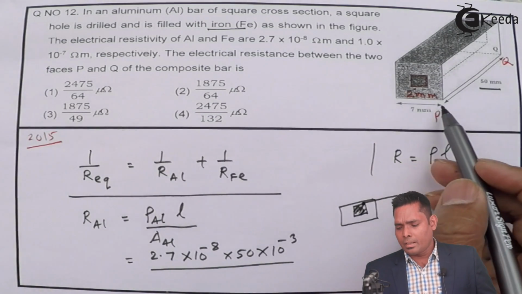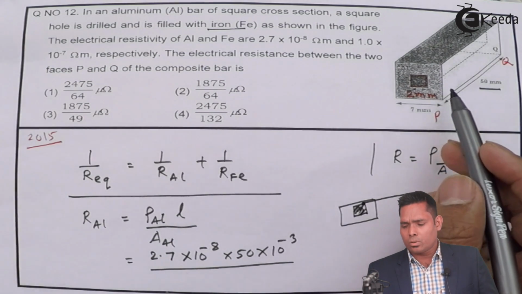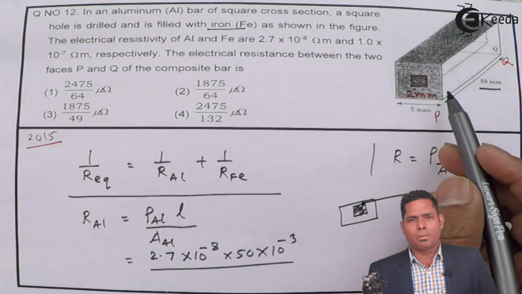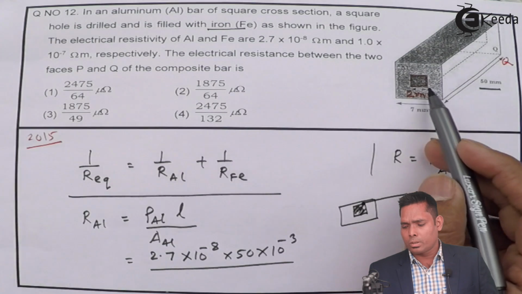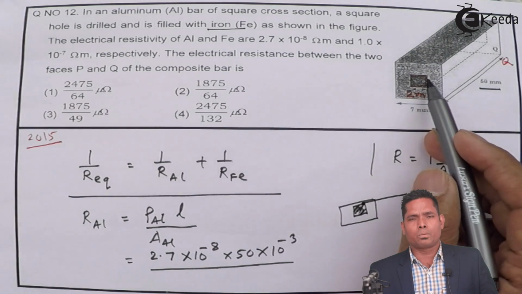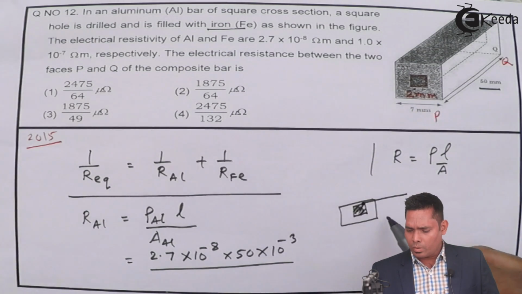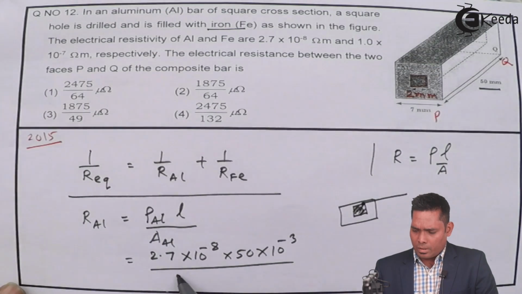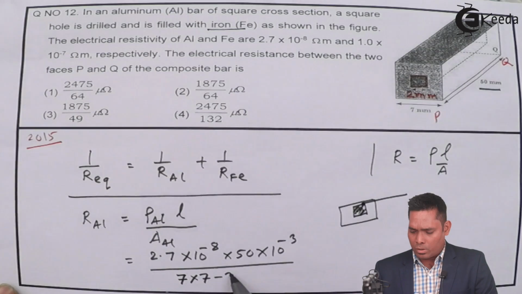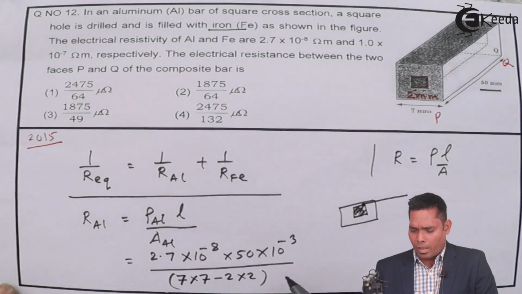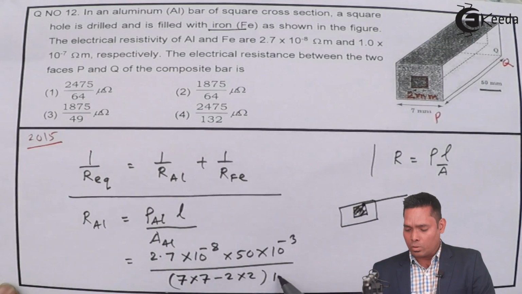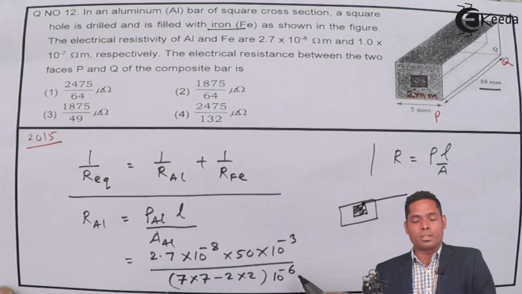It is 7 square side, so 7 into 7 is 49 mm square, from which 2 into 2, that is 4 mm square, is subtracted. So this area will be 7 into 7 minus 2 into 2 mm square, which is 10 raised to minus 6 meter square.